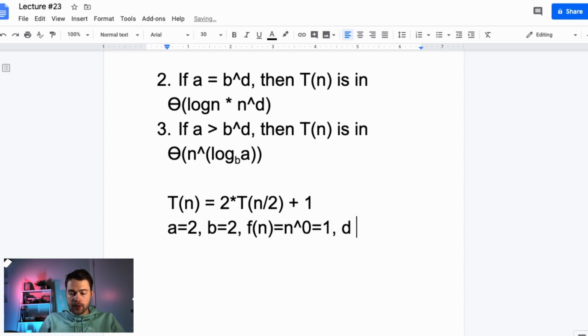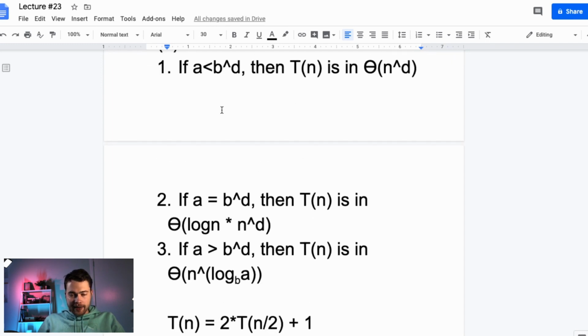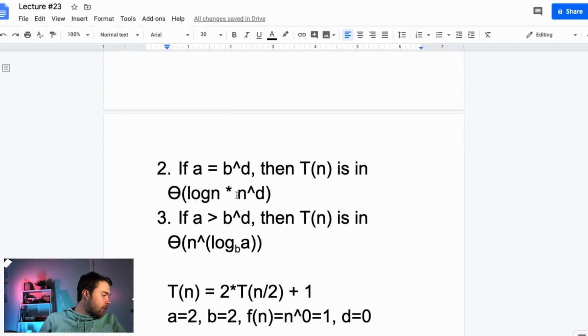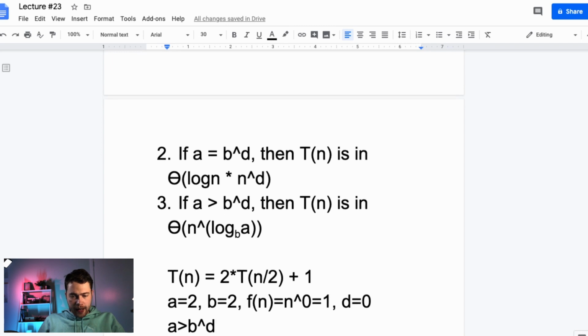Which means d is equal to 0. So which case is that? That would be the case when a is greater than b to the d.